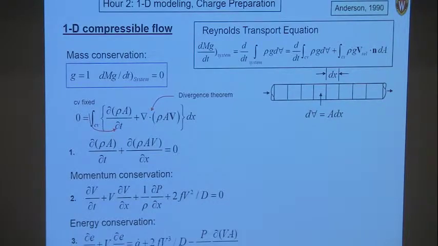Now, of course, for energy, I have the same kind of idea, except now I use my first law of thermodynamics. On the left-hand side, I have the rate of change of energy in my control volume, which again has a time-dependent term and a spatial term. And then on the right-hand side, I have my heat loss terms due to heat transfer across the boundaries of my little control volume, which I've indicated by Q dot.